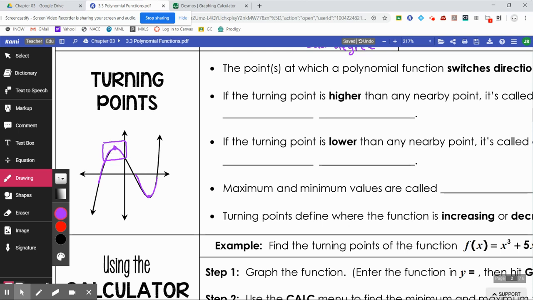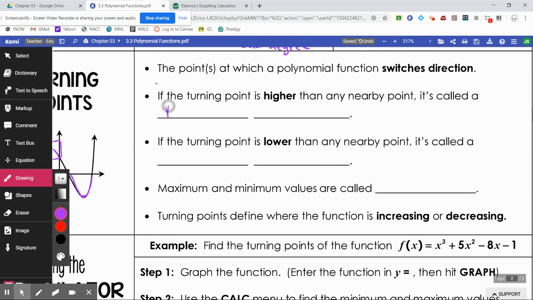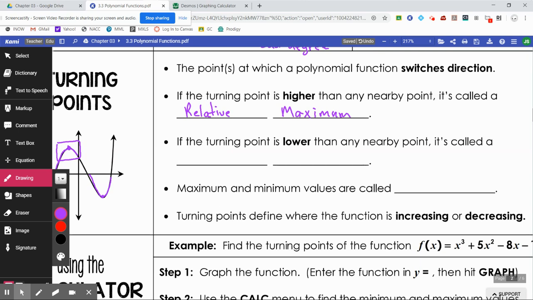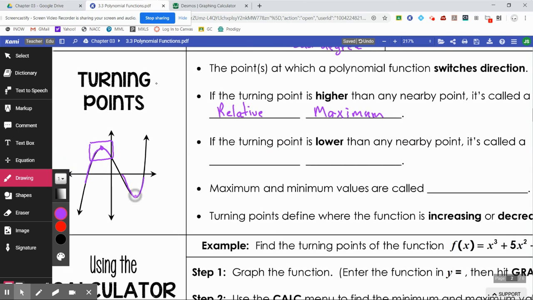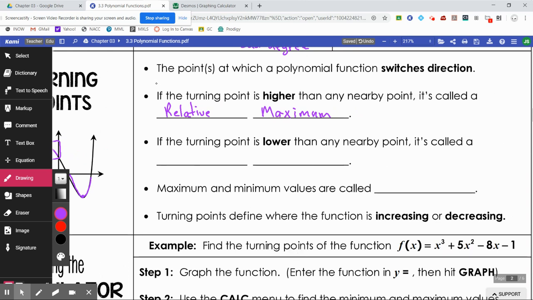If the turning point's higher than any of the points around it, we call it a relative maximum. Now, we learned in previous videos, if it's the highest point in your graph, we call it the absolute maximum. If the turning point is lower than any of the points around it, we call it a relative minimum, or it's the lowest point around.